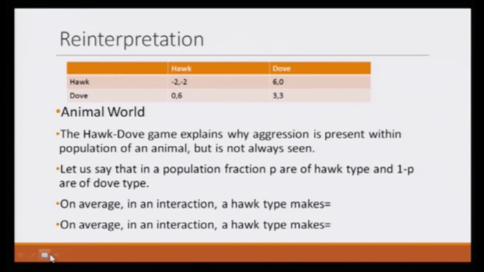Now let us try to reinterpret this game slightly differently. The game remains the same, but rather than 2 rational players playing it, the game is being played in the animal world between 2 animals, and it will help us explain why aggression is present within a population of an animal but is not always seen.